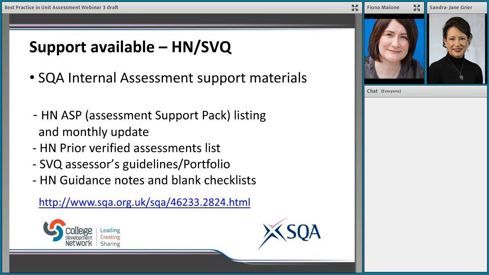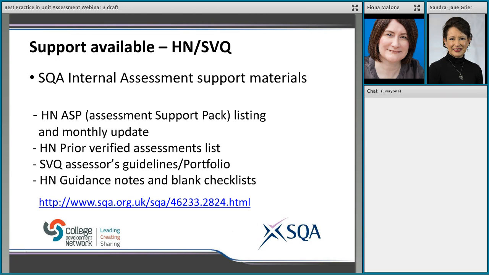The other thing that is found within this web link is a list of all SVQ support materials that are currently available. And there's also a very useful monthly updates link which will give you an early heads up about any changes that are upcoming that you might wish to be aware of. So for example, in that particular link, there are support materials available for the SVQ 2 and 3 in beauty therapy, the SVQ 3 in spa and massage therapy, and also the SVQ 2 in nail services, all within the area of health and beauty.